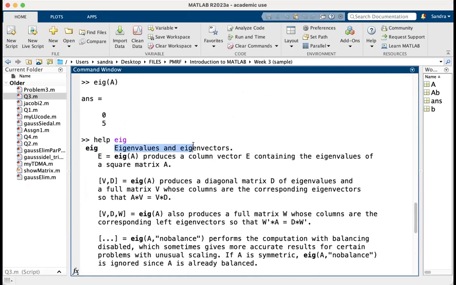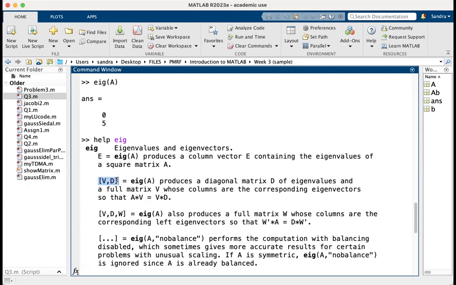EIG finds the eigenvalues and eigenvectors. If you give the matrix as an input and only one output variable, this will produce a column vector E containing the eigenvalues of the square matrix A. First eigenvalue is 0, second eigenvalue is 5.